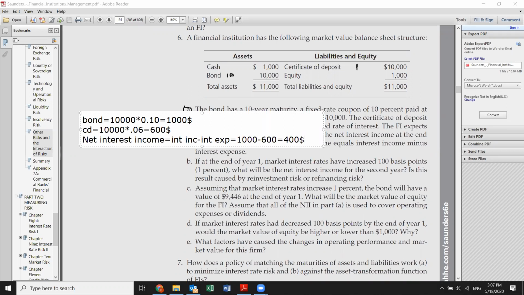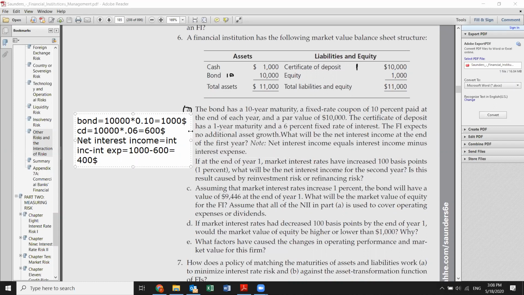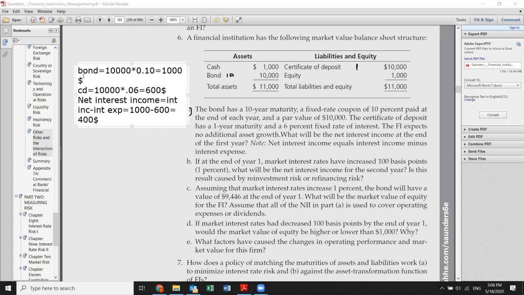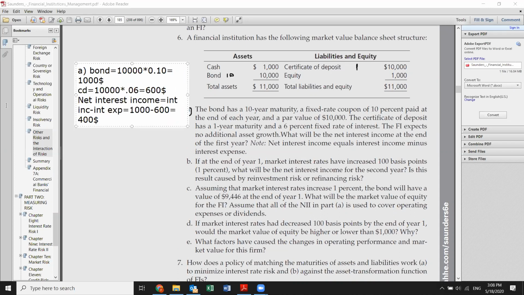We are not calculating the risk here, we're just calculating the net interest income. Why are we doing so? We need to see what will be the effect if the interest rate changes for parts B and C. Let's see what's going to happen. This is for A, okay?